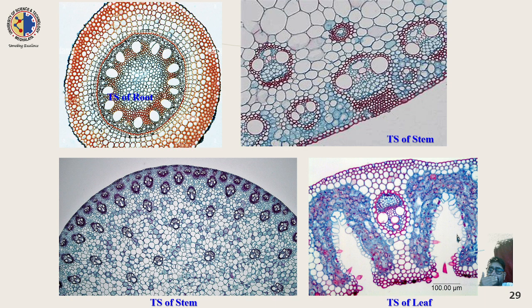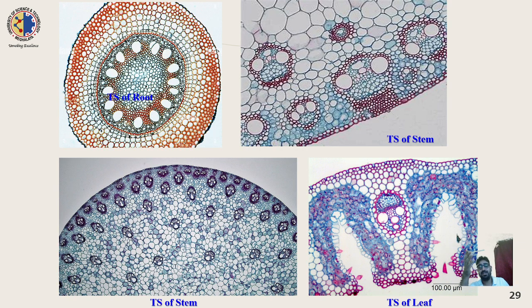Now in comparison to the TS of root, in TS of stem also you will find only one zone of cells, that is a parenchymatous zone, a matrix of parenchymatous cells. In between these cells you will find vascular bundles. The tissues, like dermal tissue, ground tissue, and vascular tissue, are non-differentiating. You will not find any differentiation.